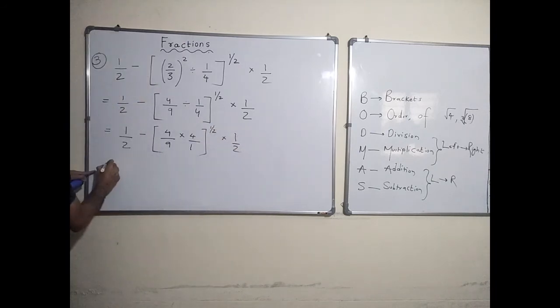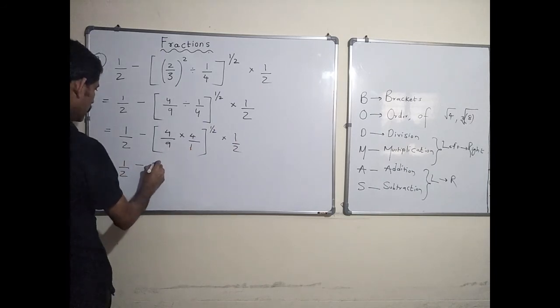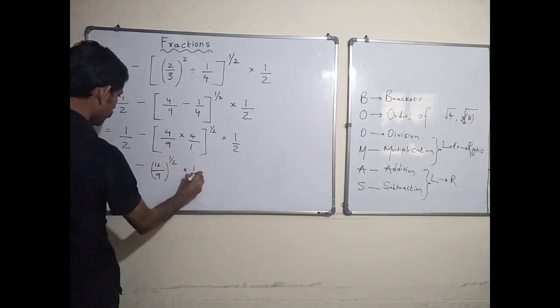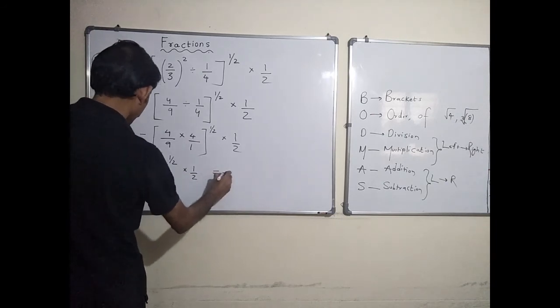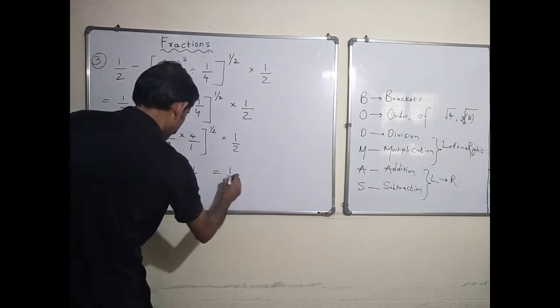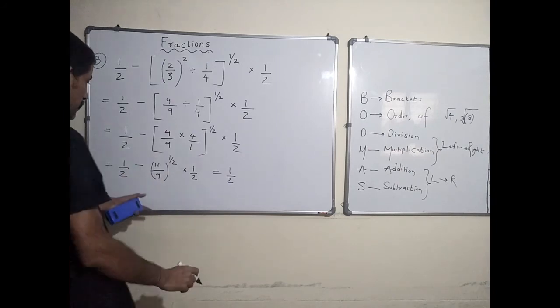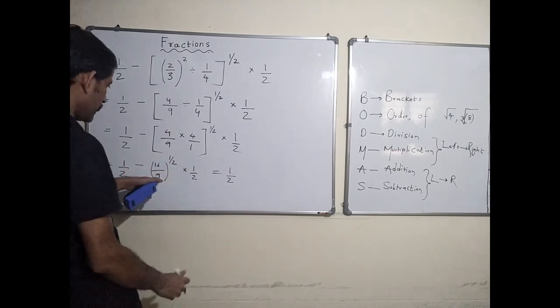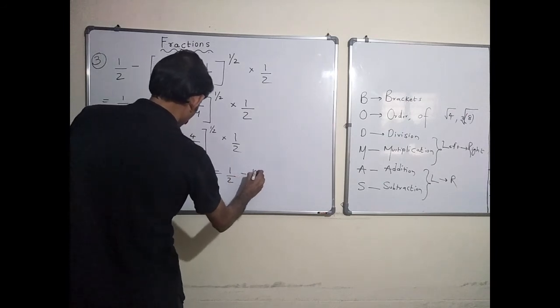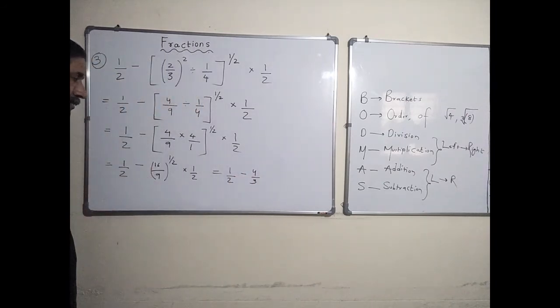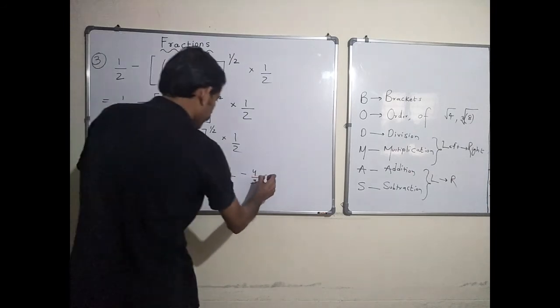Is that right? Then this becomes minus, 4 4s are 16 by 9, square root of 16 by 9. I have to take care of this order first before I can proceed with multiplication or subtraction. So this becomes minus 4 by 3, square root of 16 by 9 is 4 by 3, into half.